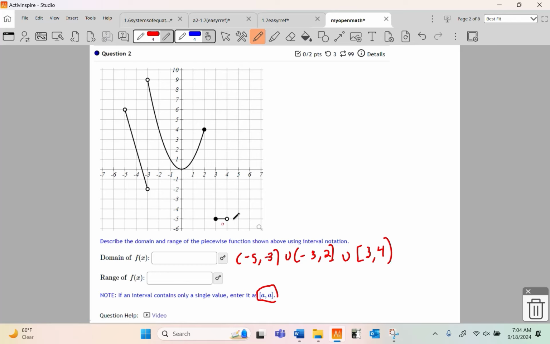Range, we have this little bitty guy down here where y is negative 5, and you have to do as the computer says, negative 5, comma, negative 5. That is not correct. That's not how we write on paper. It's just the way the stupid computer wants you to do it. And we start with low y values, okay?